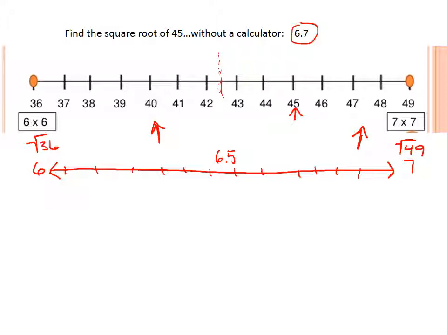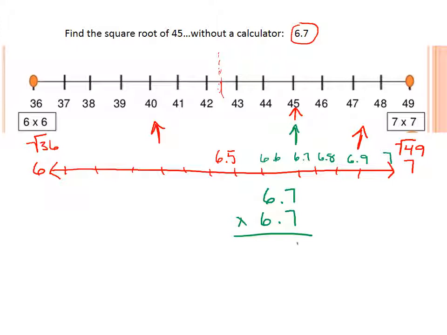So you could do guess and check. And so I'm just going to miraculously guess 6.7 because I'm magical like that. I'm going to square 6.7. Okay. So if we said, well, this looks like 6.6, this looks like 6.7, 6.8, 6.9, and 7, right? So 6.7 looks like it should line up with 45, so let's have a look.